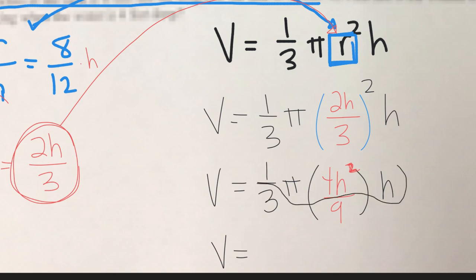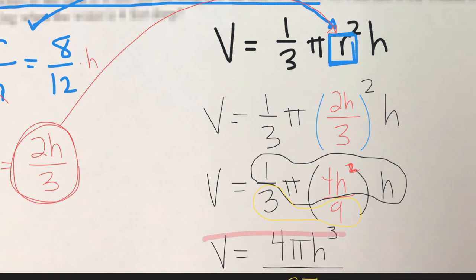I have 1 pi, 4h squared, and h. That becomes 4 pi h to the 3rd power. And when I multiply my denominators, 3 times 9 is 27. So this is my equation that I'm going to be taking the derivative of.